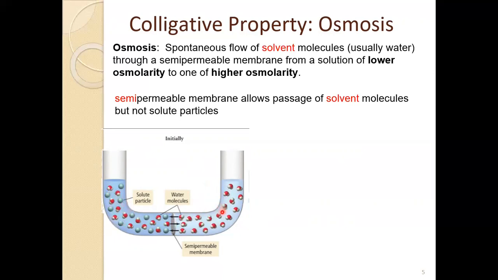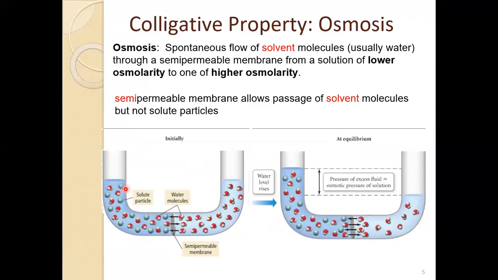The idea is that by solvent flowing and not solute, from lower osmolarity to higher osmolarity, nature is trying to equalize these concentrations. So by having water flow from this side to this side, the water level on this side will increase, thereby diluting the solution and making it closer to the concentration here.